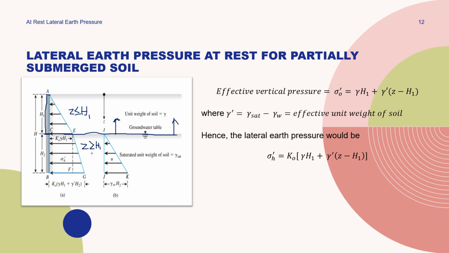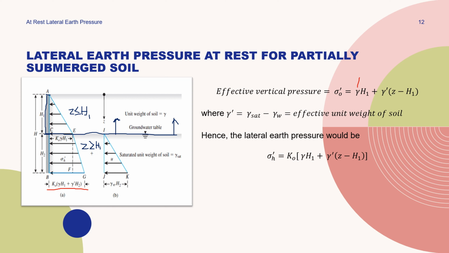So beginning with the earth pressure, atong i-establish ang earth pressure diri lang sa part. So ang effective vertical pressure sa dira nga part is sigma prime O is equal to gamma H1, where kana is dry unit weight sa soil.